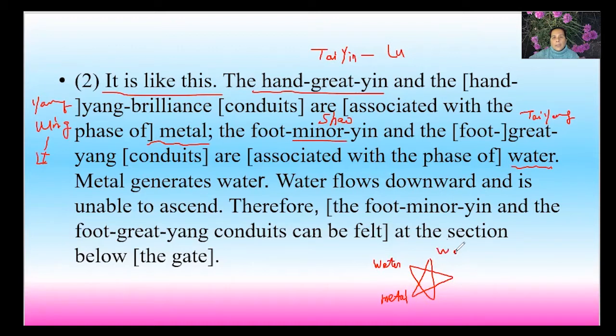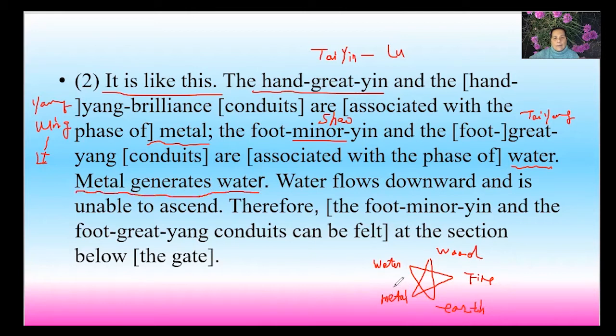And wood here, fire here, earth. So that's the 5 elements. We say metal generates water.